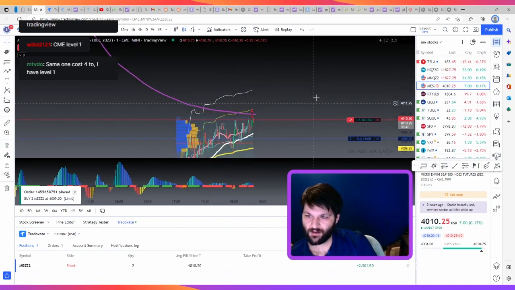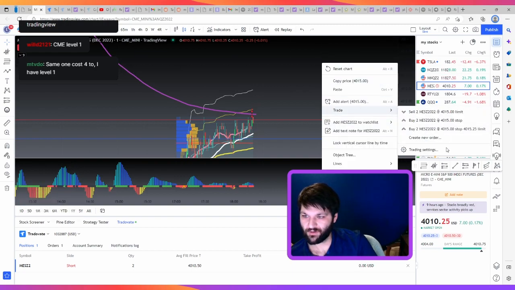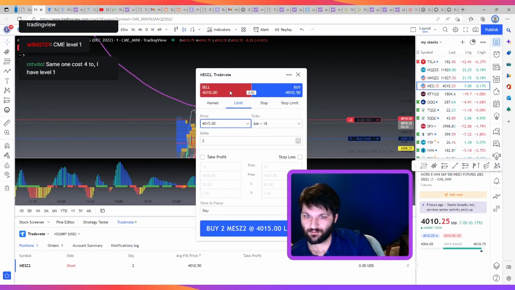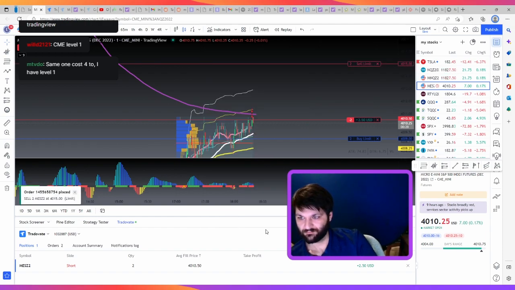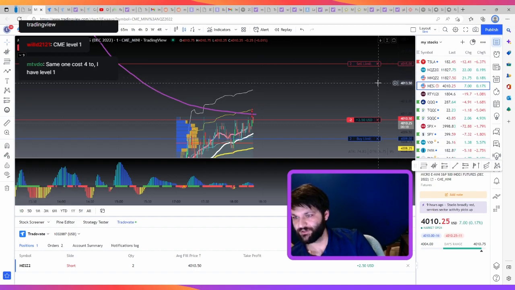And then again, if need be, we'll average down here, okay, at 4,015 if we need to. And what that'll do is give us about a 4,013 average.